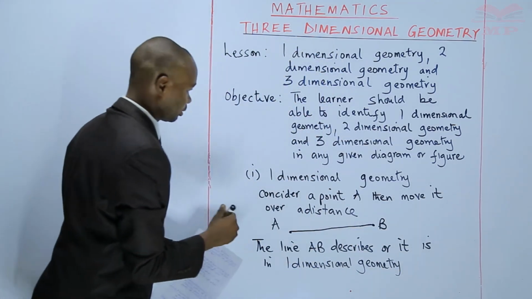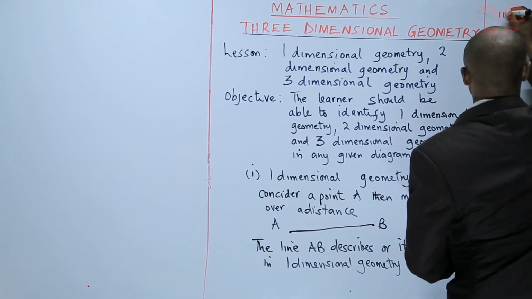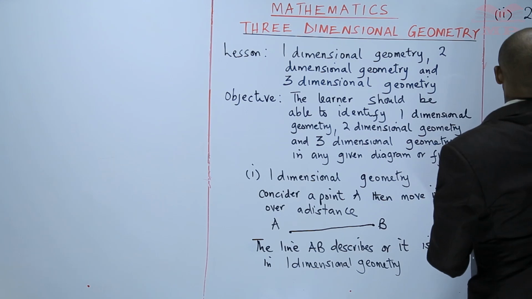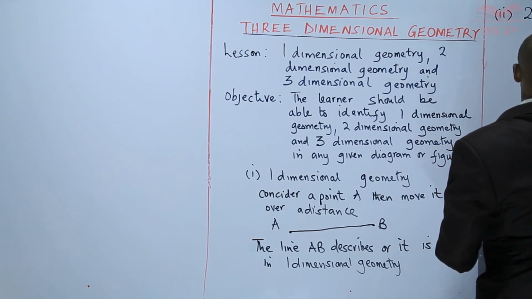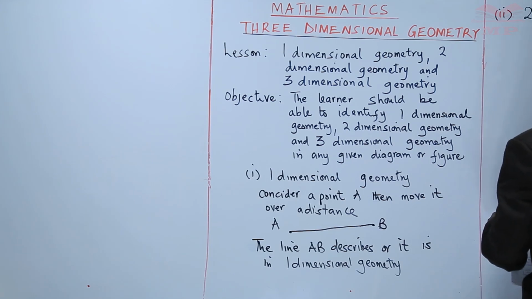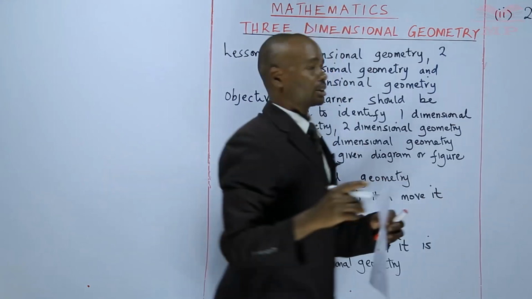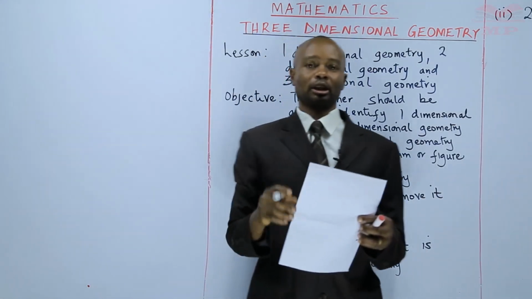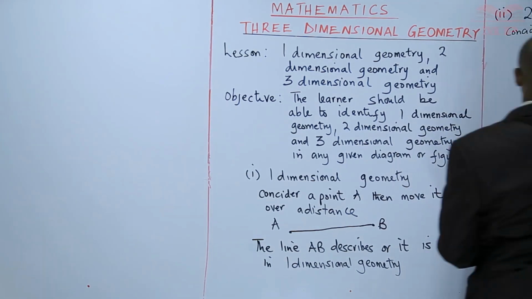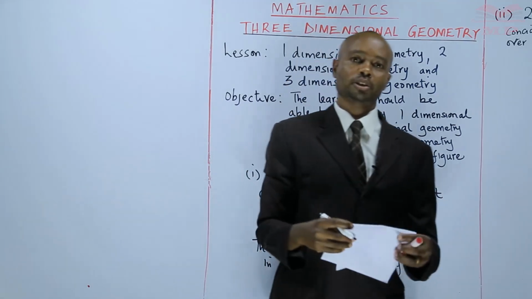We move again to two-dimensional geometry. That is two. To understand two-dimensional geometry, we shall consider a line.